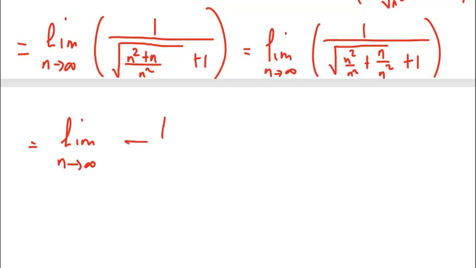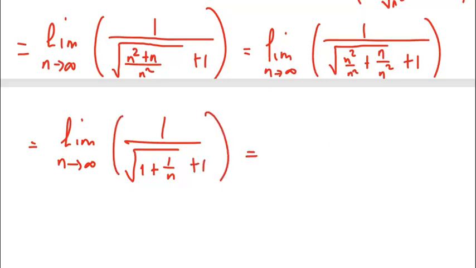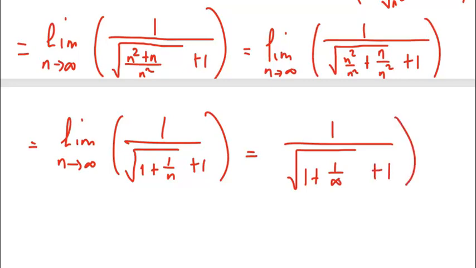We have 1 divided by, this will give us square root of n squared divided by n squared is 1 plus n divided by n squared, we just have 1 over n, and then plus 1. So we can make our direct substitution and we get 1 all over the square root of 1 plus 1 all over infinity and then plus 1, right?